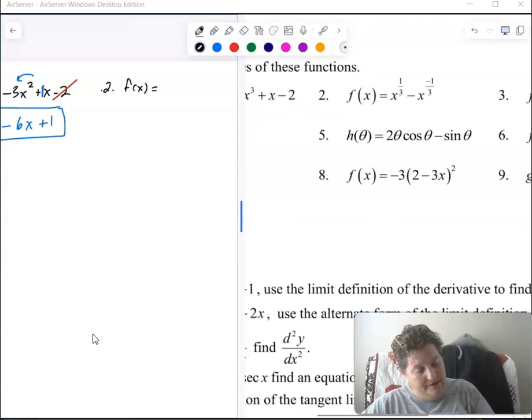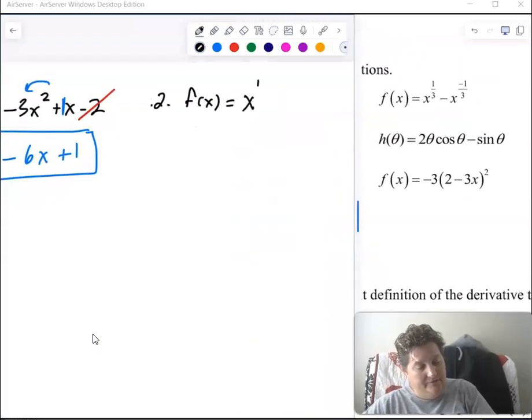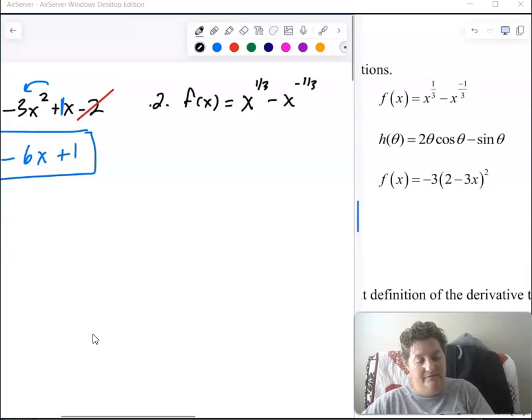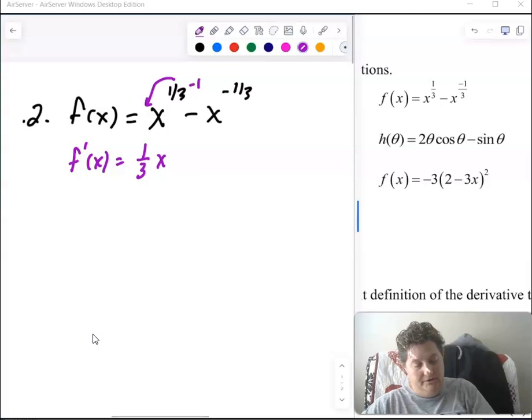Now we know that the power rule works even if we have fraction exponents or negative exponents. Okay, it always works. Here's what this looks like. If I bring that down, that's 1/3 x to the, and then when I subtract 1, negative 2.